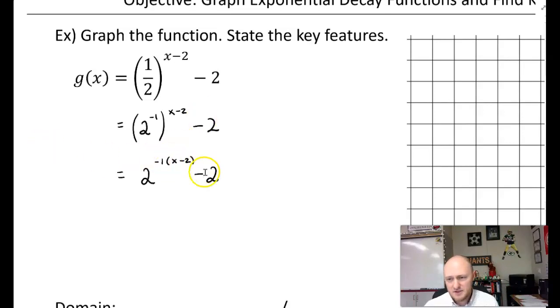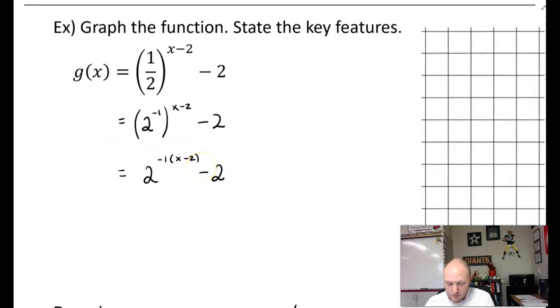We multiply those powers. Okay, now from here, we can identify our a value, which is 1. We have a c value, which in this case is -1. We have an h value, which is a positive 2. And lastly, a k value, which is -2.